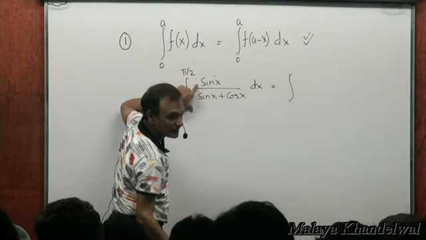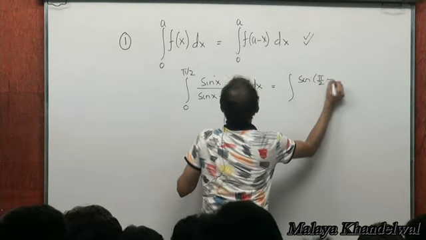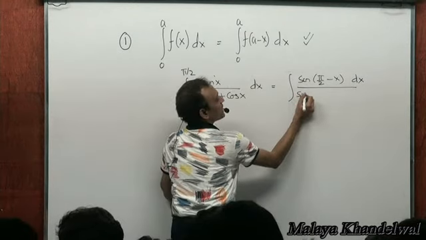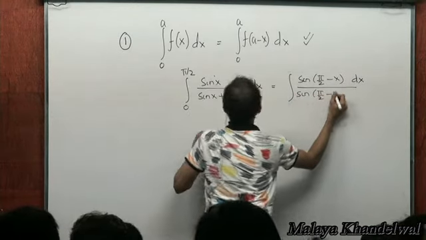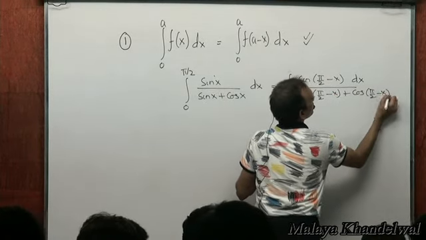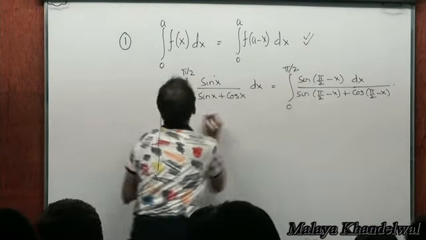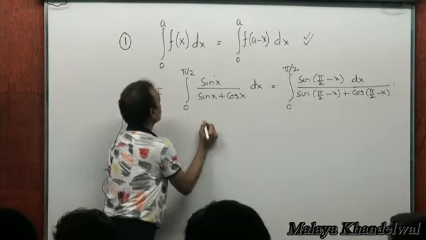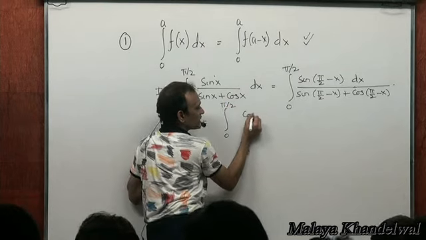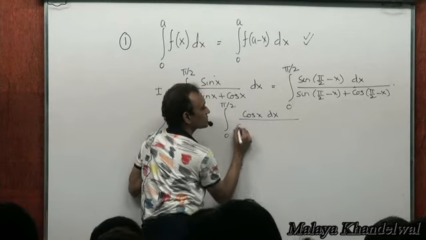That means sin(90 minus x), replacing x by 90 minus x, a minus x, divided by sin(90 minus x) plus cos(90 minus x). Yes or no? 0 to pi by 2. That's this integral I, which you realize is integral 0 to pi by 2 cos x dx divided by (sin x plus cos x).